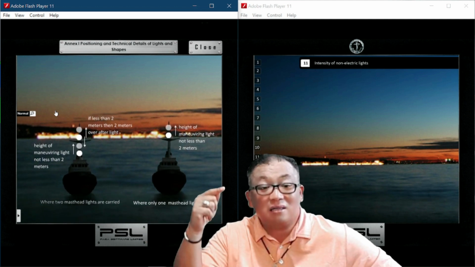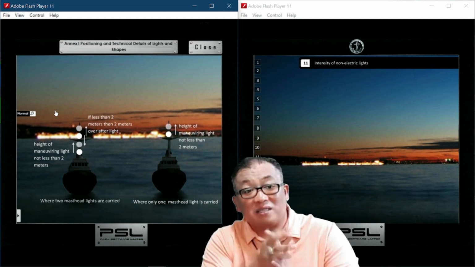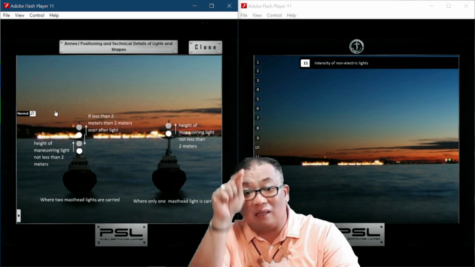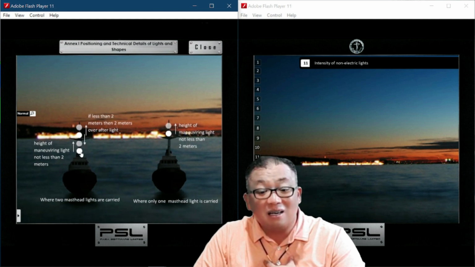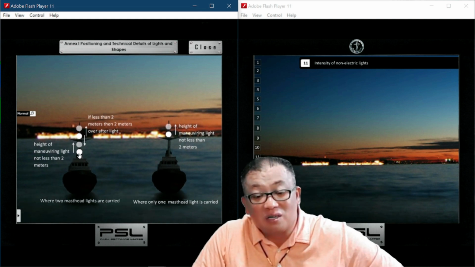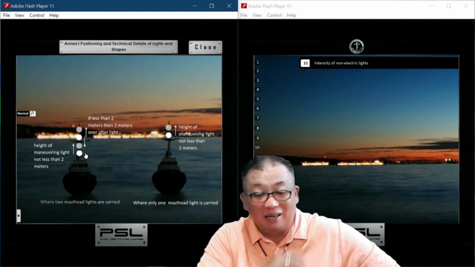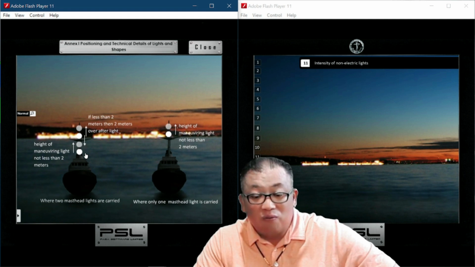If a vessel carries 2 masthead lights and you put the maneuvering light in between these 2 masthead lights, it must be at least 2 meters, not less than 2 meters, from the forward masthead light. Very clear.